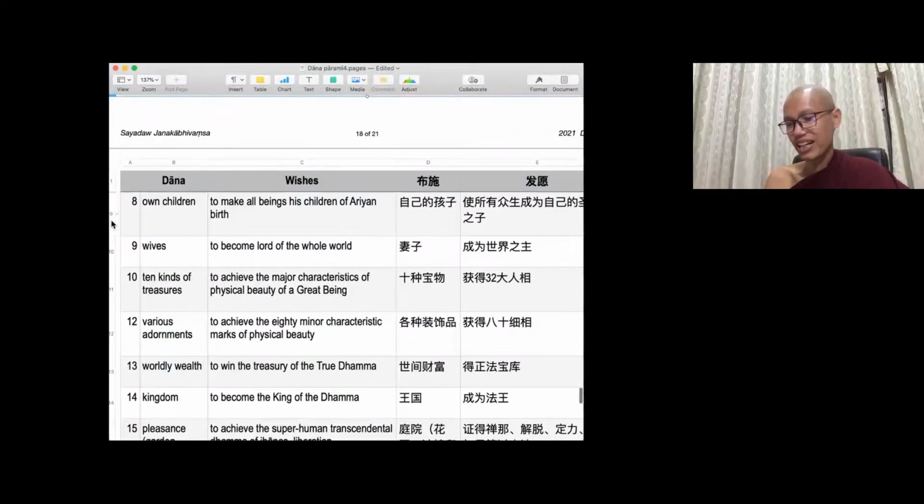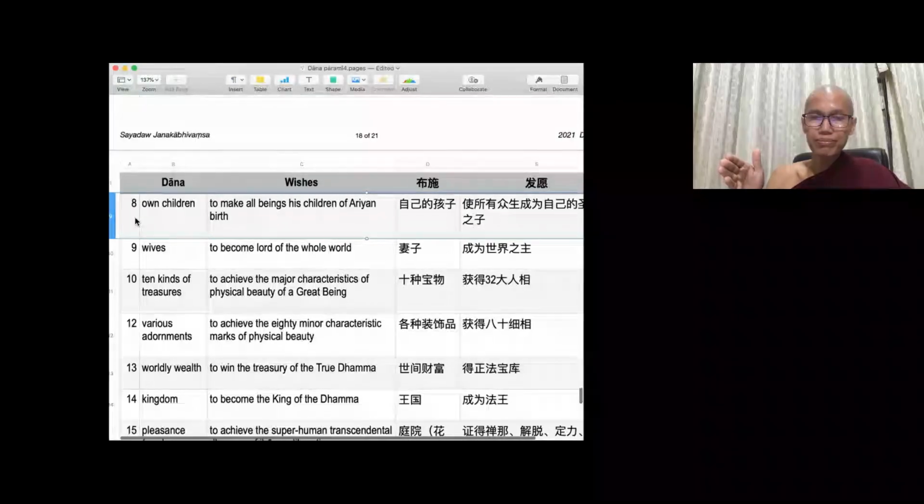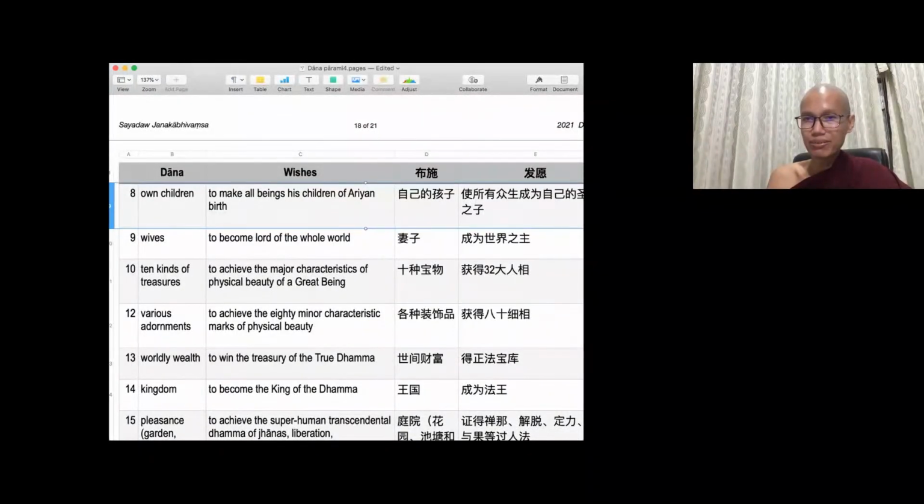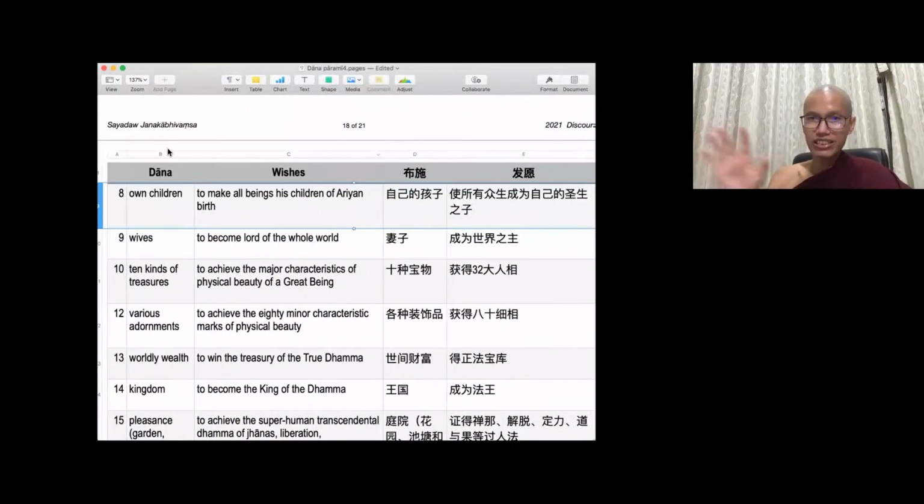Okay, next one, relinquishing son and daughter donation. Before, we have talked about the son and daughter donation. The Bodhisattva makes them understand the donation, not forcing.